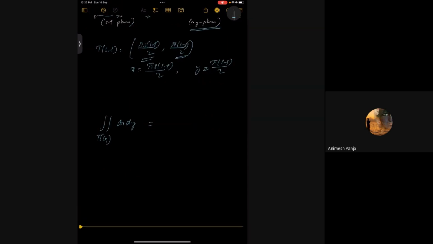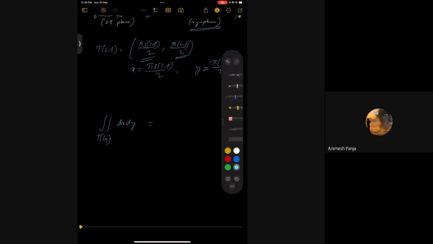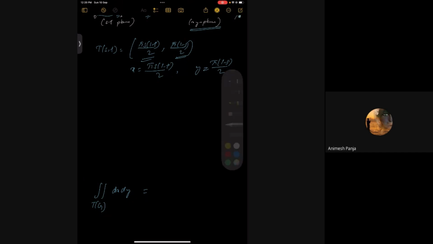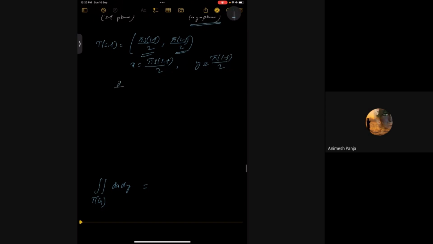Then after this change of variable, we find out the Jacobian, right? Because dx dy will be, so let's find out what del x del s is. It will be pi by 2 (1 minus t).